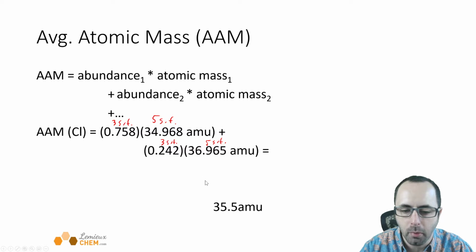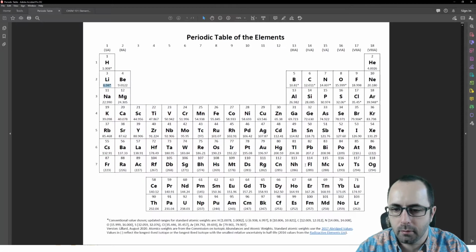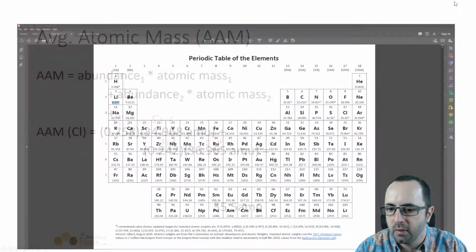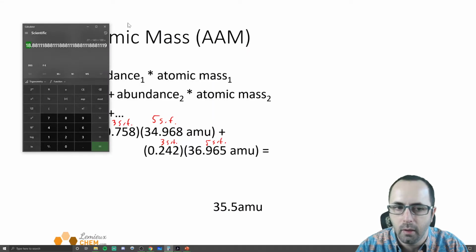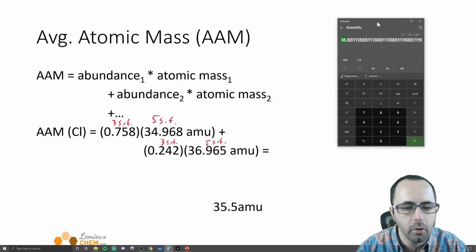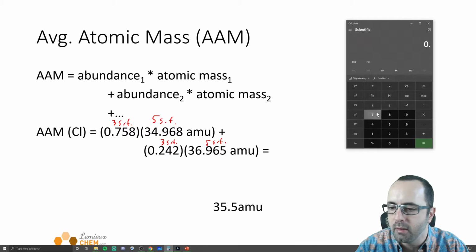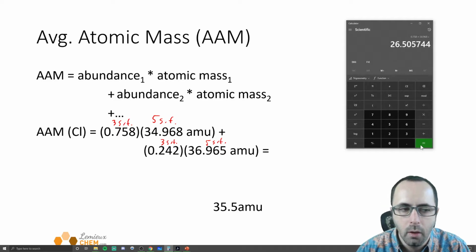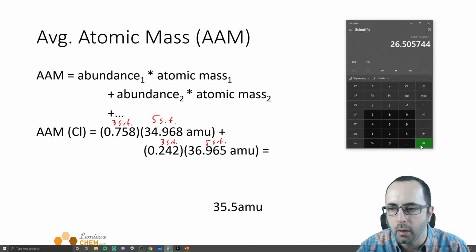Okay, so let's multiply these. Oops, got the wrong one up there. Okay, there we go. I'm going to multiply these now. 0.758 times 34.968. Okay, and so we get 26.5 and it goes on and on.